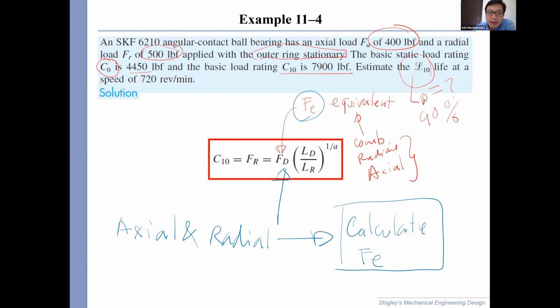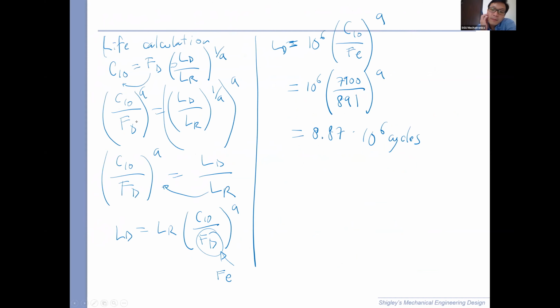But I think it's asking for number of hours. Yes, that weird little L there is in hours. The capital L is in cycles. So let's do a quick conversion live in hours.